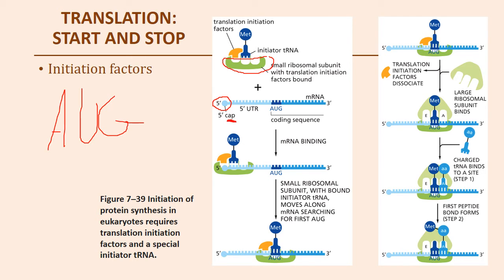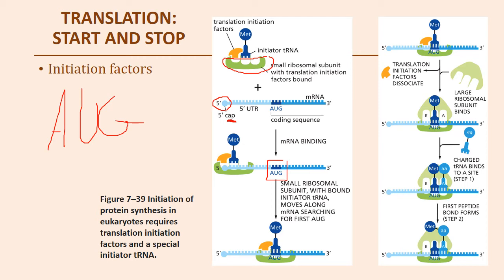It will attach itself to the 5' end, and it will start sliding over through the codon reading frames until it gets to AUG. Now, at that point, what we see happening is that a combination of the small ribosomal rRNA, as well as what we call the initiator tRNA. This is the tRNA that's going to be able to interact with AUG. Notice how it has the methionine amino acid attached to its 3' end.